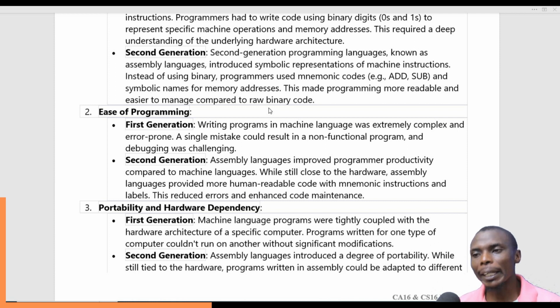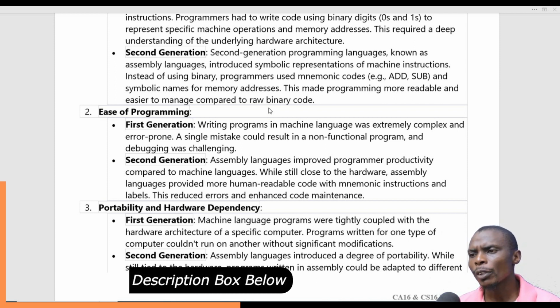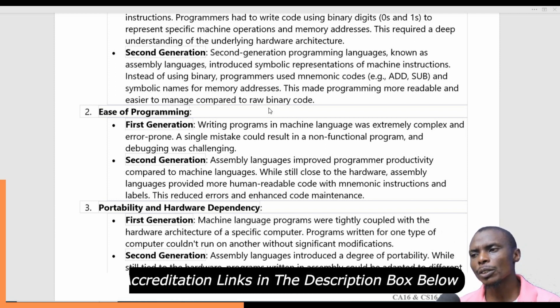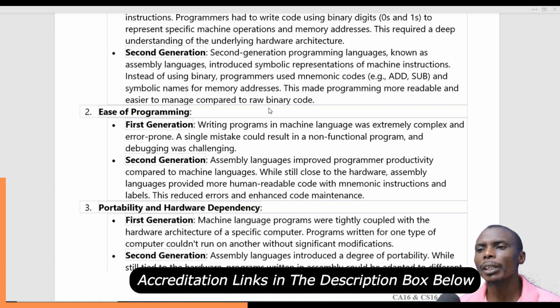And debugging such a program would not be easy. Well, if you compare that to the second generation computer, which used assembly language, at least there was improved programmer productivity compared to the one using binary codes.